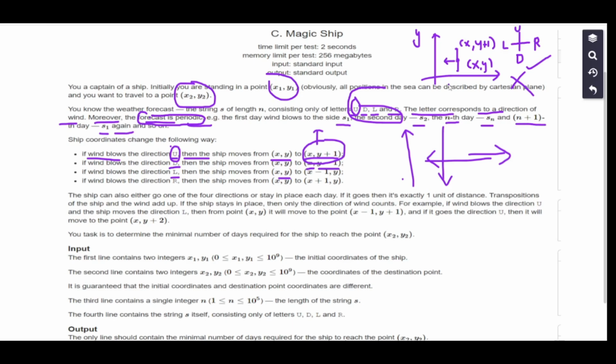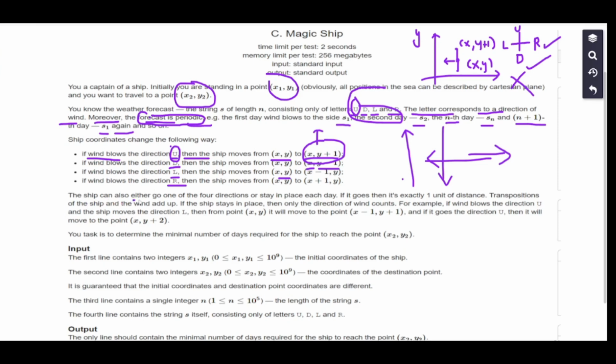That means the ship moves towards the left by 1. If the wind blows towards the right, then the ship moves towards the right by 1 unit. In this fashion the ship behaves.